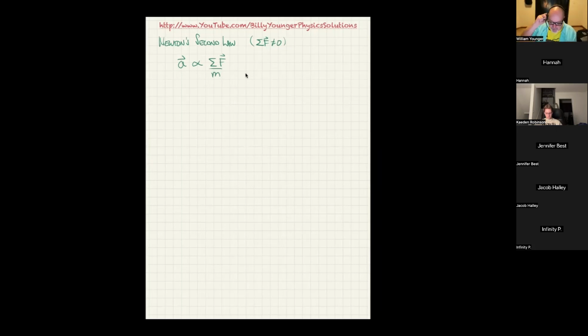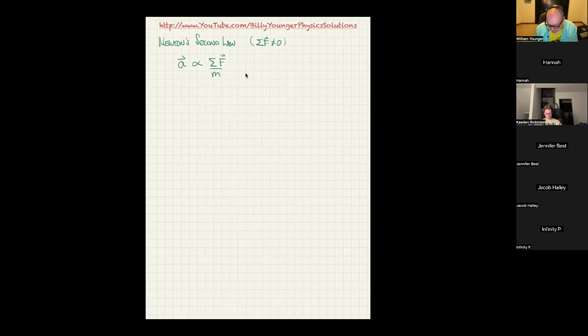Okay. Now, if you remember from high school algebra 1 and 2, when they told you something was directly proportional, X is directly proportional to Y, you write Y is proportional to X. But then you could change that to an equals by writing Y equals K times X. That's the same thing we do here, only we've chosen to use the K to be 1 in the units we use.